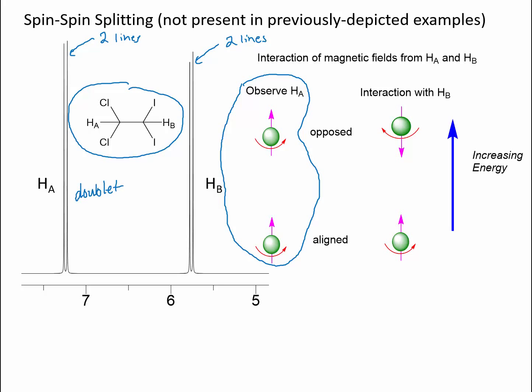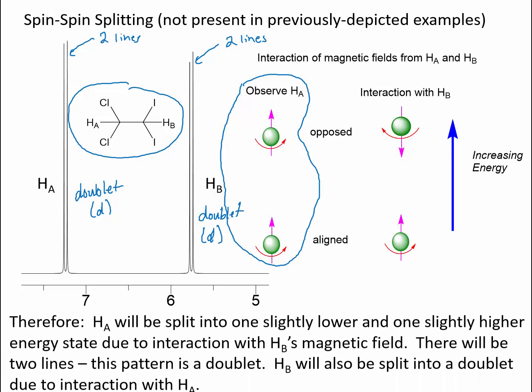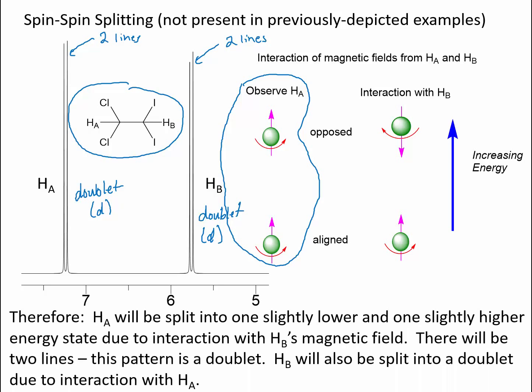And this one is also a doublet, often abbreviated D. HA is going to be split into one slightly lower and one slightly higher energy state due to the interaction with HB's magnetic field. There's also going to be two peaks, called a doublet. And HB will also be split into a doublet due to its interaction with HA.